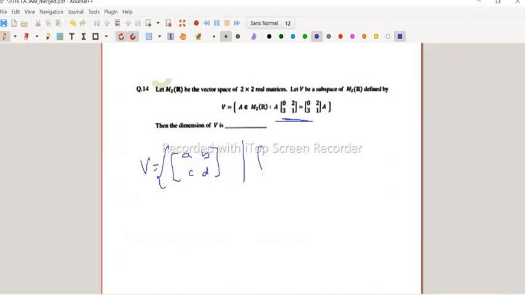So what is the condition they gave? The matrix (A, B, C, D) times the matrix (0, 2, 3, 1) equals the matrix (0, 2, 3, 1) times (A, B, C, D).